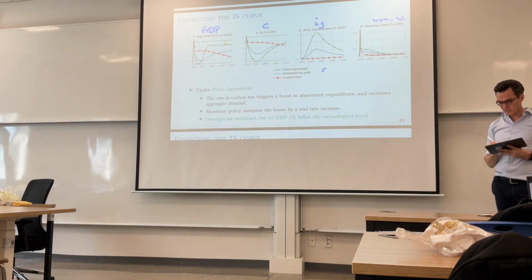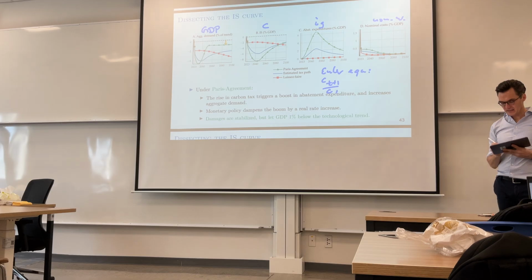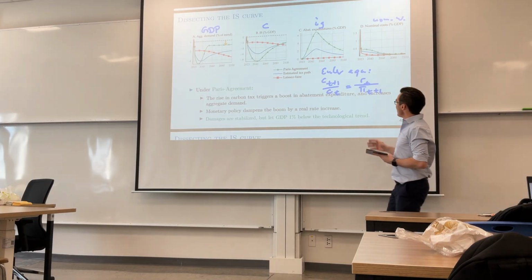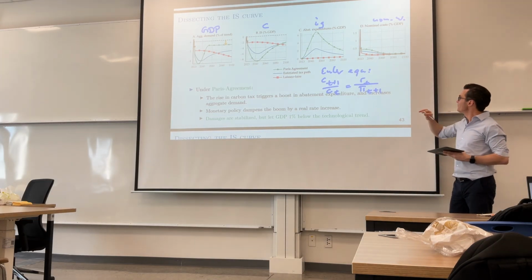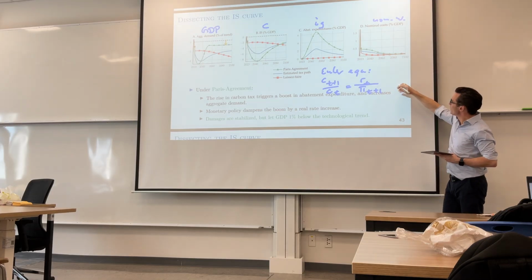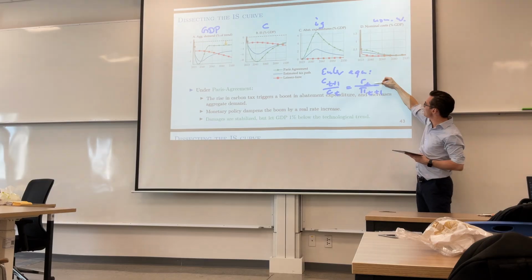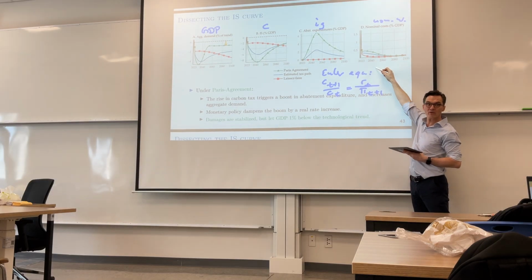The Euler equation for consumption says something like this: C_{t+1} divided by C_t is equal to R_t over pi_{t+1}. I'm leaving out expectations operators here. And what happens is that when inflation goes up, because of the central bank's reaction function, the nominal interest rate goes up by more than 1 to 1.